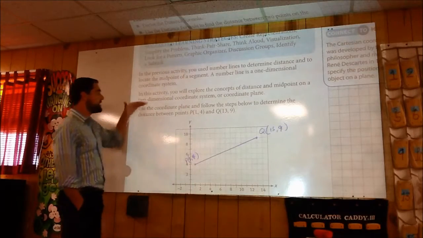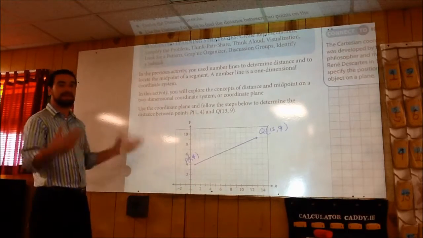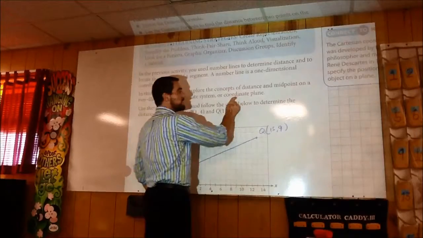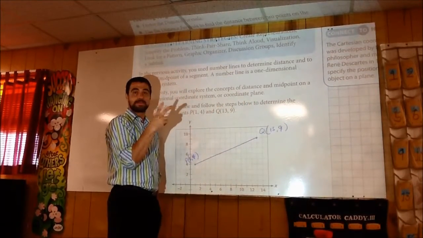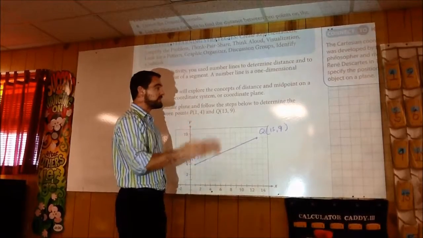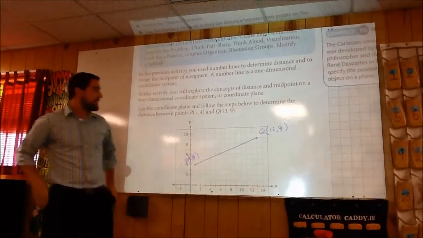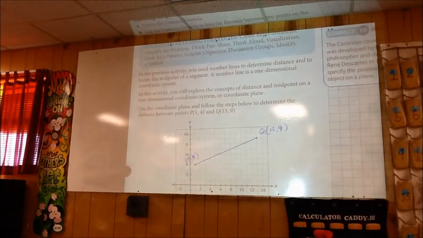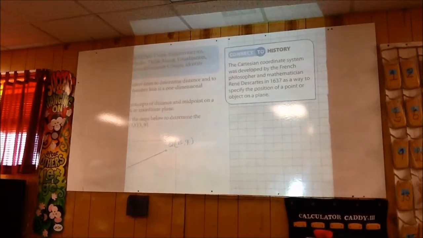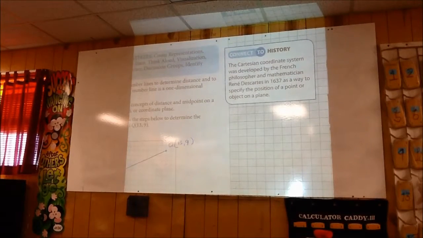But now we need to do it in a 2-dimensional coordinate system, or you can also call it a coordinate plane, because a plane has 2 dimensions. The geometric object plane has 2 dimensions. This 2-dimensional coordinate system is also called the Cartesian coordinate system, because it was invented by this brilliant man over here on the right in this section of my notes.